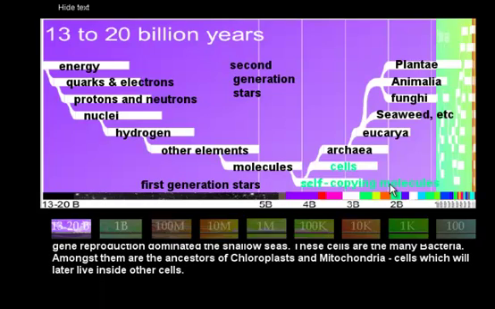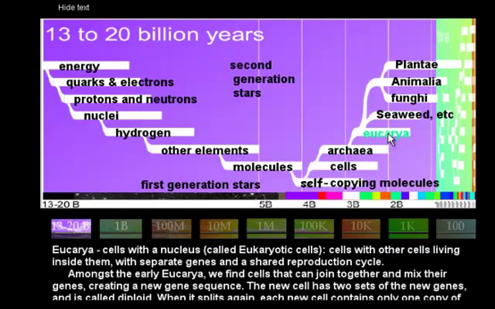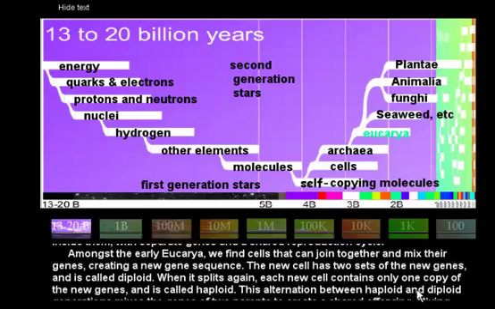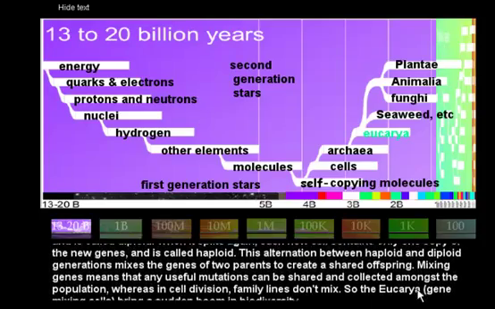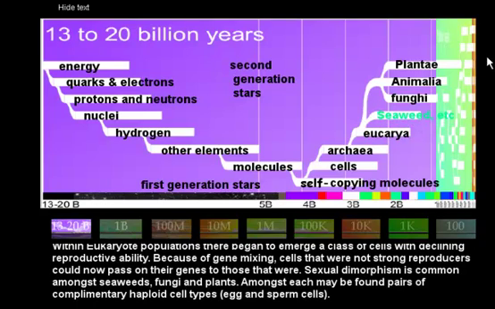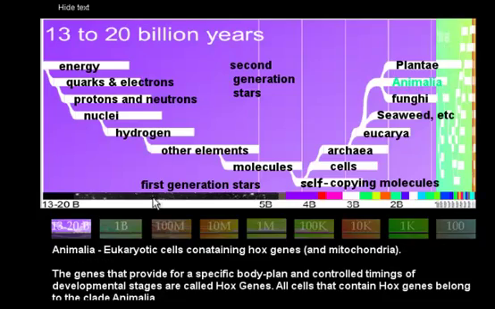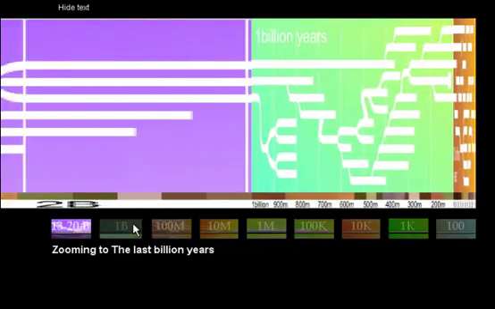When certain bacteria cells started living inside the archaea, that gave rise to the eukarya, which is cells with a nucleus, and other cells living inside them, examples being single-celled ancestors of the seaweed, plants, animals and fungi, all of which are single-celled at this point. So let's have a look at the last billion years to see how the animals evolve.